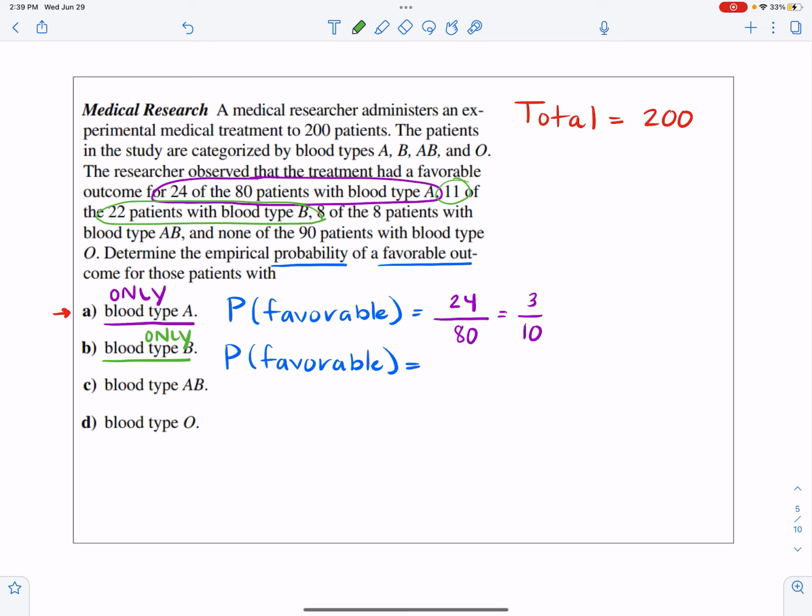I'm only looking at the 22 with blood type B, so that's my total, 11 of which had a favorable outcome. All right, so just watch for that. If, again, you're asked to do a probability, but only for a particular group, that might change from the overall total to that smaller group.